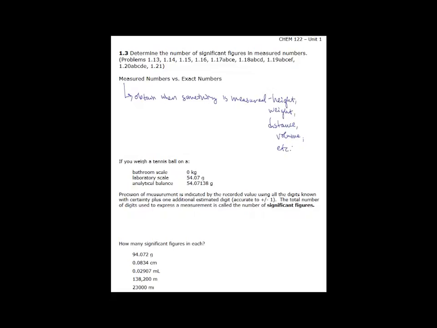Now, an exact number is a number that you obtain by counting objects. Examples would be 2 bikes, 24 students.